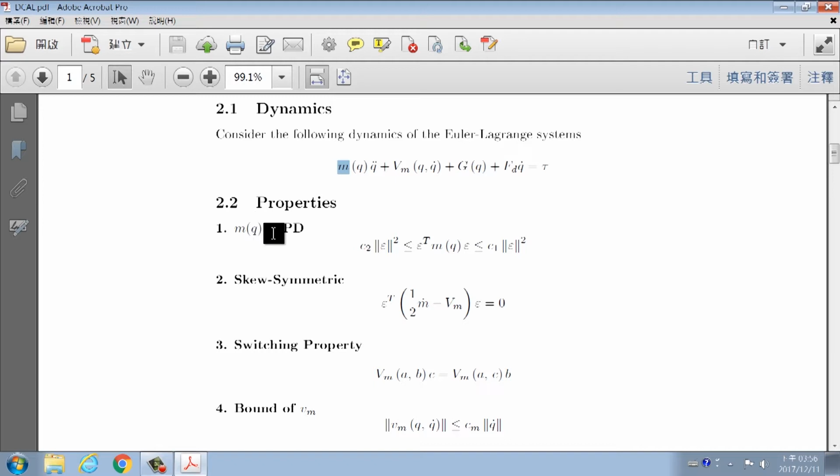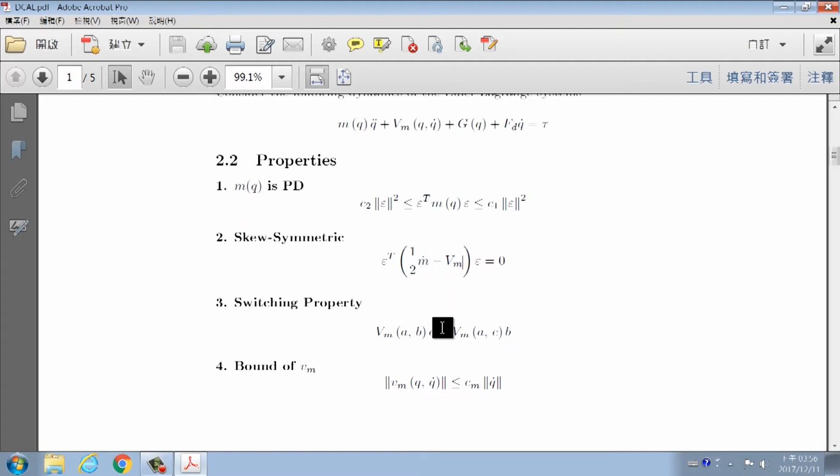So it has to be a positive definite matrix. And it's skew symmetric, which we have talked about before. Switching property: you can switch Vm times C, where Vm is a function of A and B. You can swap the variables A and B with the C.